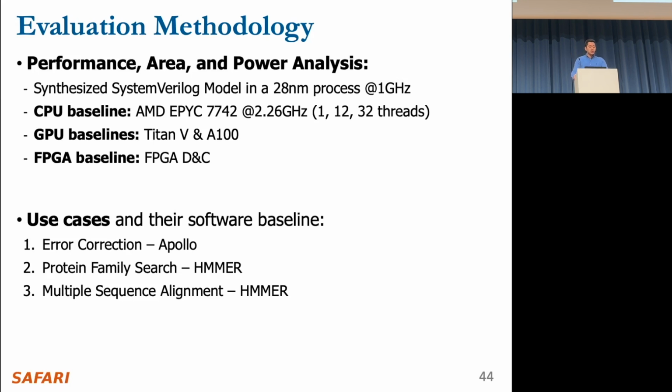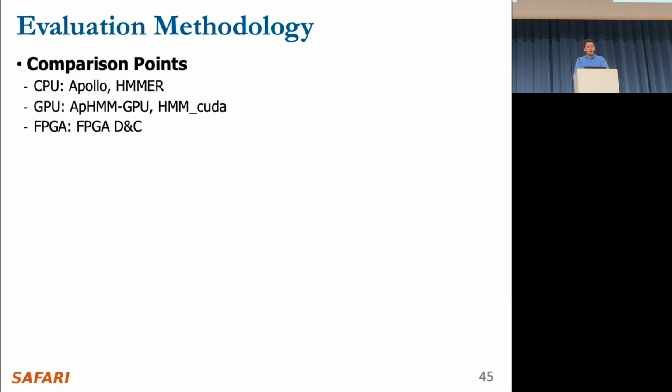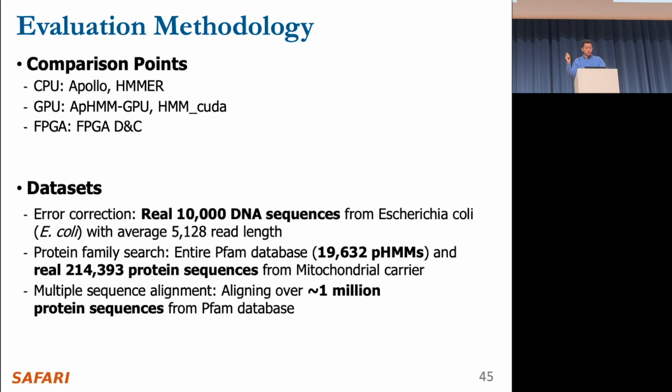We have error correction, protein family search, and multiple sequence alignment. And our comparison points are, again, the state-of-the-art. For CPU, we compare against Apollo and HMMR. For GPU, we compare against our GPU implementation, also the state-of-the-art accelerator for hidden Markov models, and also the FPGA state-of-the-art work.